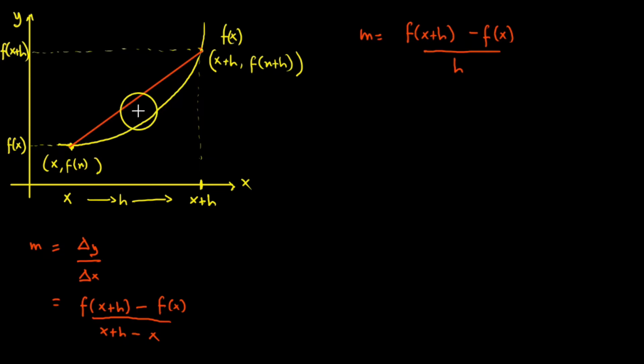Actually, that is the gradient on the line, but we want to find the gradient on the curve. And in determining the gradient on the curve at a given point, it means that we need to reduce the distance of the point or the line from this end all the way to the point x and f of x. So if I reduce that distance, what does it mean? It means that the h value will be approaching 0.